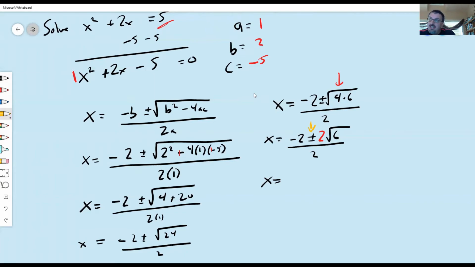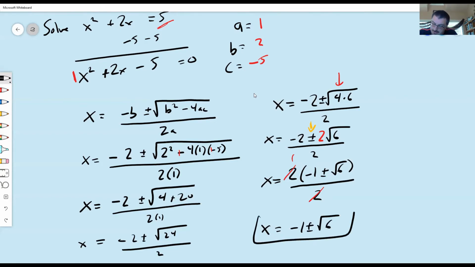The 2, because it's on the outside, is also a common factor. So I take out 2, which leaves me minus 1 plus or minus the square root of 6, all over 2. Now it's common factors. 2 divides into 2 one time, where x equals minus 1 plus or minus the square root of 6.